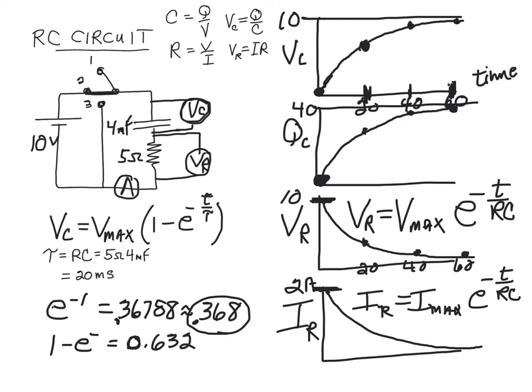Okay, the last thing is, and there will be some questions, supposing I say, well, how long does it take to get half charged? Or how long does it take to get 95% charged? Or what's the charge on the capacitor at 30 milliseconds?